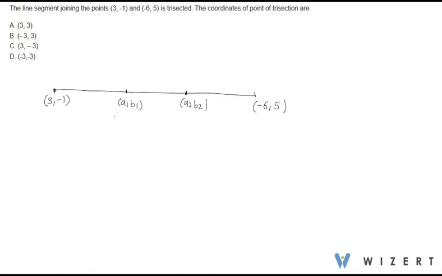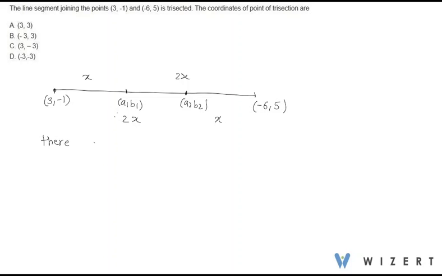The required point can be any one of these two. Now this (a1, b1) is dividing this line in x:2x, that is 1:2 ratio, and (a2, b2) is dividing this line in 2x:x, that is 2:1 ratio.